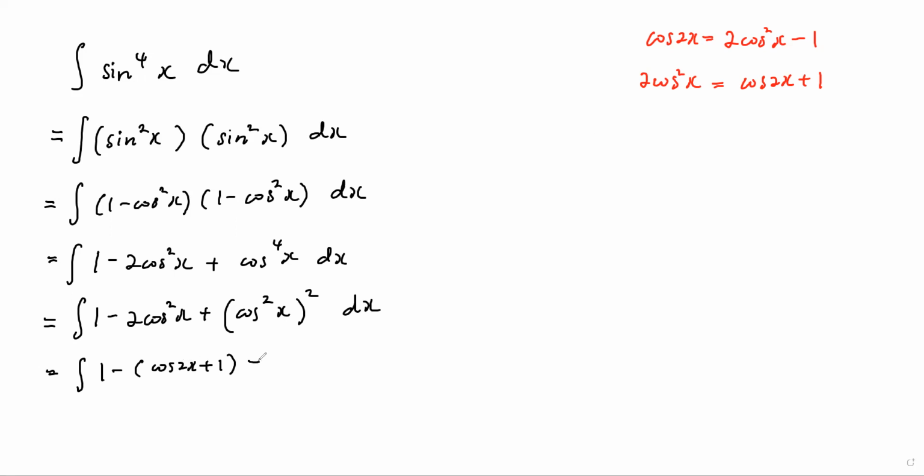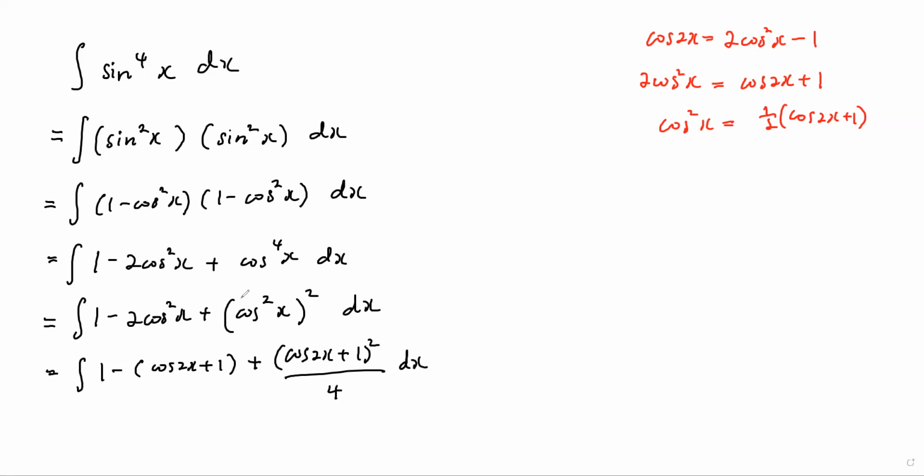And then what about this cosine square x? You can see that cosine square x would be half of cosine 2x plus 1. Let's convert that. So this one will be cosine 2x plus 1 squared over 4, since half squared is 1/4.